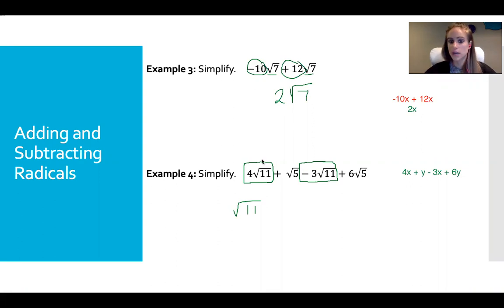All right, do I have any other like terms? Hopefully you noticed that we have a square root of 5. Oops, I keep clicking on the wrong thing. And then another term with the square root of 5. When I go to combine these, what do I get?